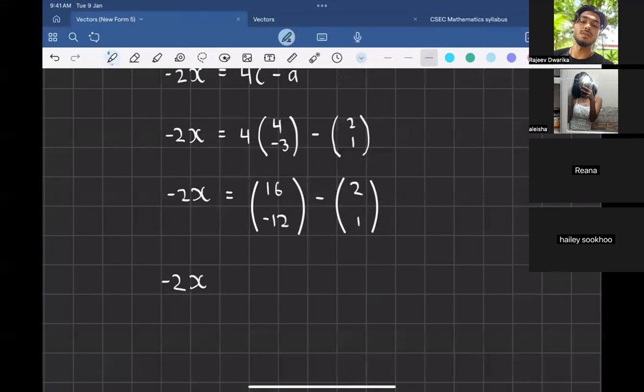Wait, okay, yeah, it wouldn't work out nice. What was the next, Rihanna? What's 16 minus 2? 16 minus 2. Oh, sorry, 14. What's minus 12 minus 1, Healy?